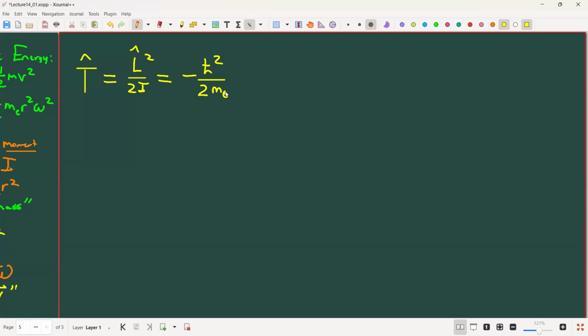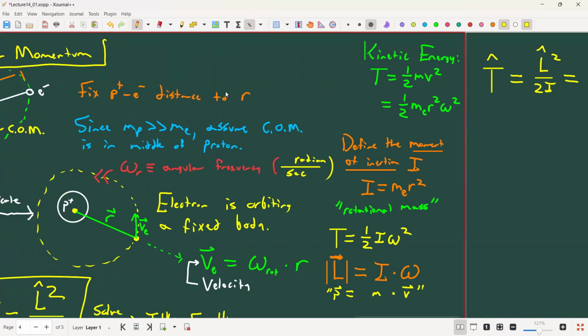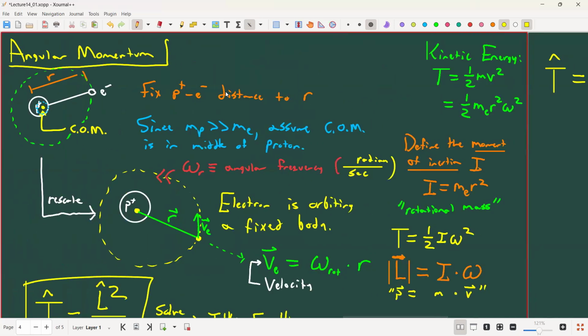But here's the problem: we're now in 3 dimensions. This electron can be in any position on a sphere, so we have second derivatives along all 3 directions. We have to think about its x motion, its y motion, and its z motion.